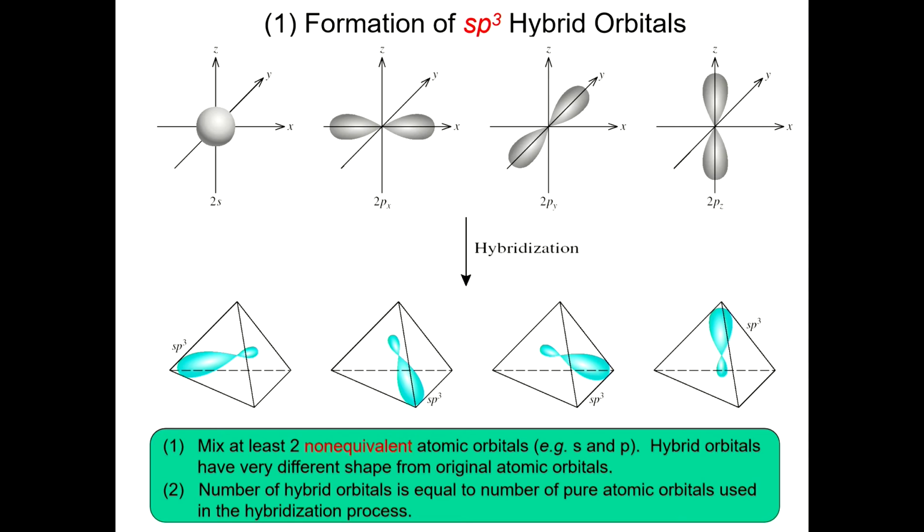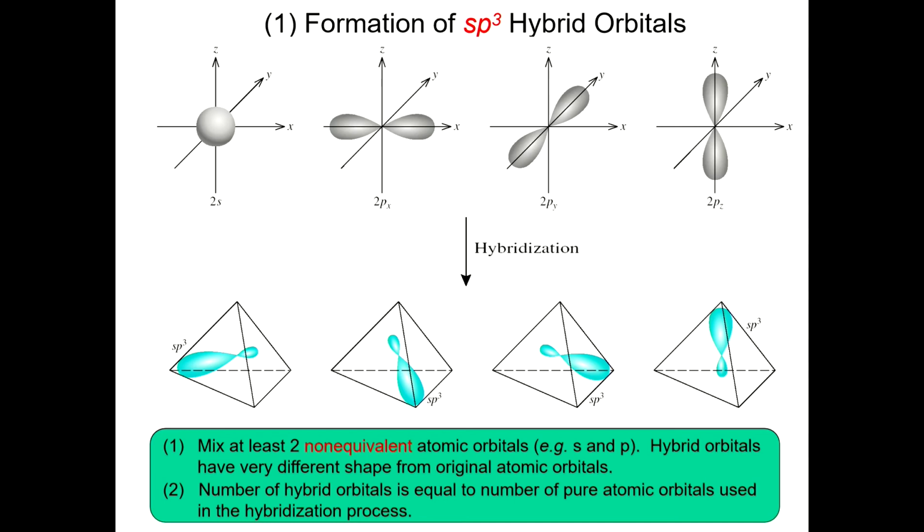So now we can see how to form the hybrid orbitals. One point that should be noticed is that we should mix at least two non-equivalent orbitals. What does non-equivalent mean? It means you can mix S and P because S and P are different orbitals.